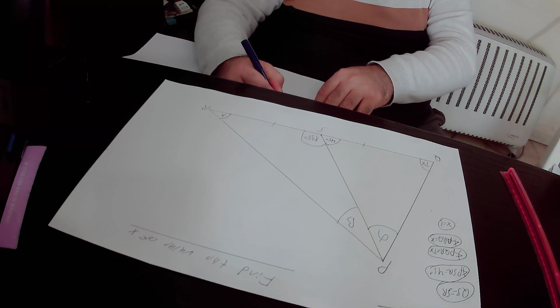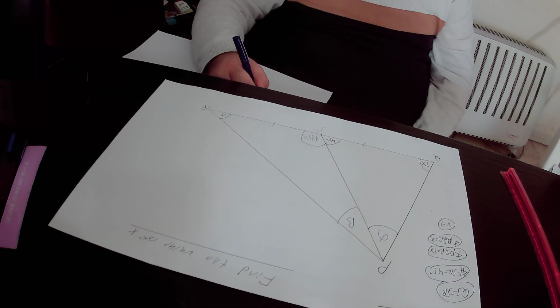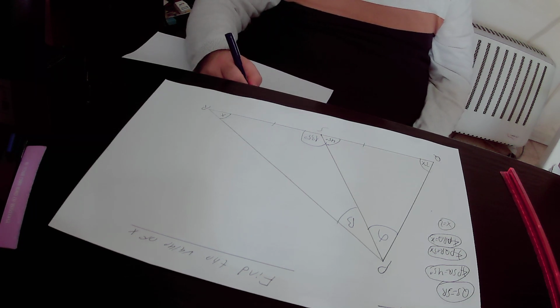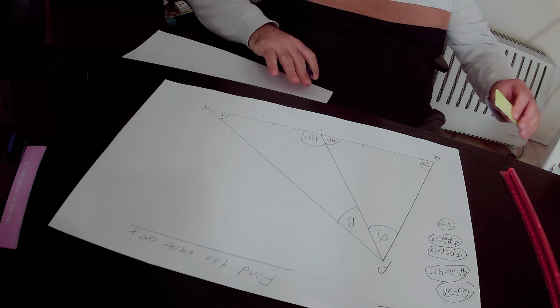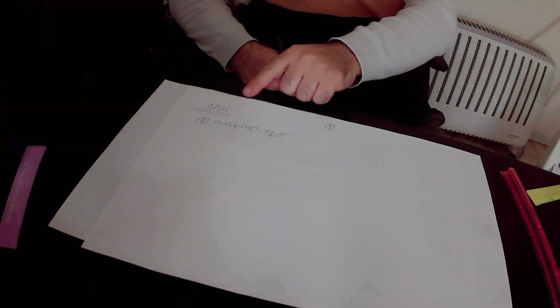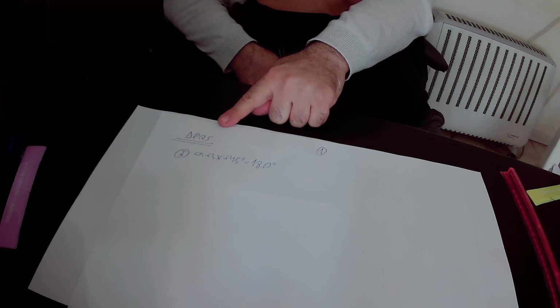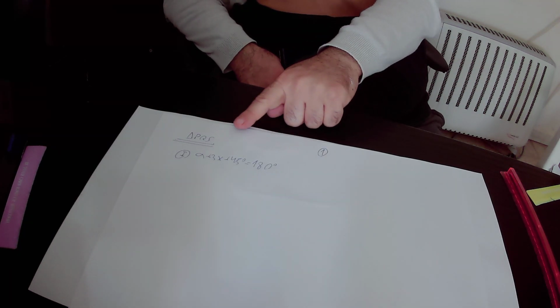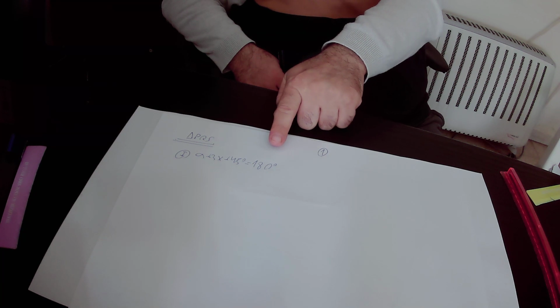That is to say, alpha plus 3x plus 45 degrees must be equal to 180 degrees. I will repeat again. In triangle PQS, the sum of the angles must be equal to 180 degrees. That is to say, alpha plus 3x plus 45 degrees must be equal to 180 degrees.